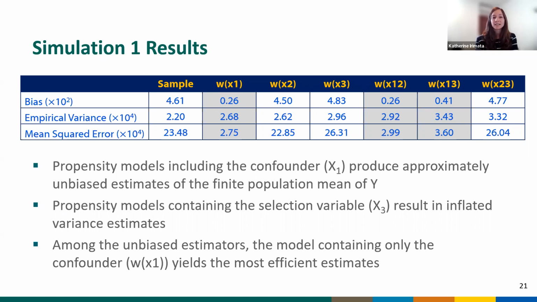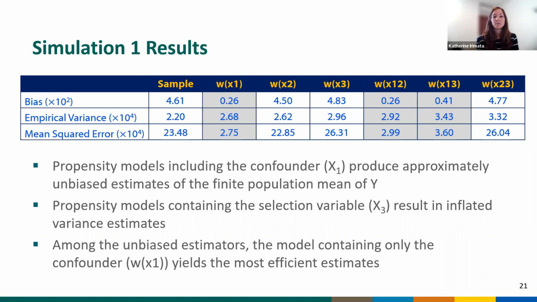The second finding is that the propensity models that contained the selection variable, that's the X3 variable, resulted in inflated variance estimates. It's not a huge difference here, but you can see that the variance estimates are larger for models that included X3. And then among the unbiased estimators, the three columns that are highlighted, we got unbiased estimates for all of these that contained the confounder variable.